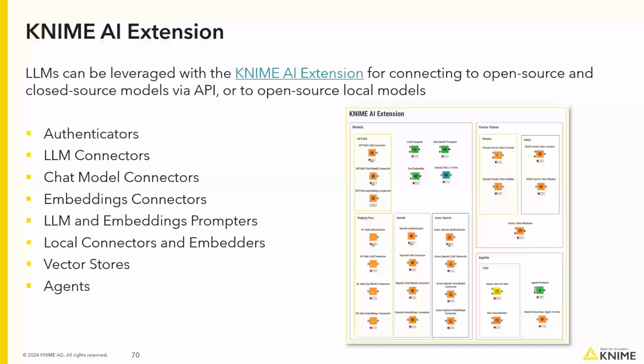So we have basically connectors that allow us to use different models and different resources provided by these providers. And we also have options to create vector stores and also agents. And I don't know if you can see from the slide, we also have a node to use DALL-E if you want to generate images, for example. So not only text, but also images.